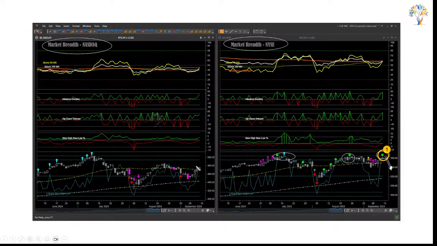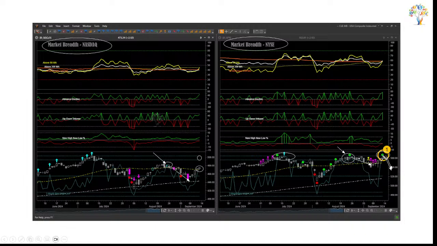What about Nasdaq? Nasdaq is far from the extreme overbought level, which is here. And that is what was there earlier also. Earlier, Nasdaq was here when NYSE already hit overbought condition. Then NYSE pulled back, Nasdaq also pulled back. I am expecting the same thing to repeat.